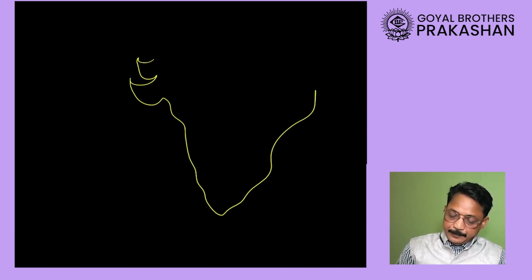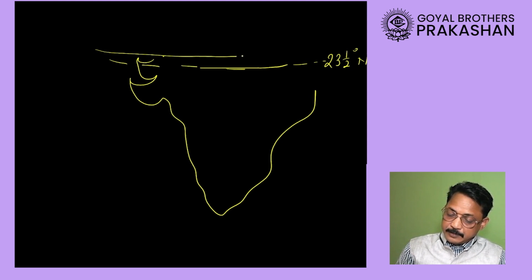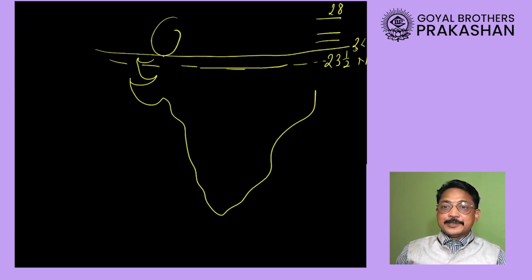Now, if I draw India, I hope you are aware, here is the Tropic of Cancer, and the number of the Tropic of Cancer is 23.5 degrees north. It means when I go up to 24 here, this will be 24 degrees north. The area which will be after 24 will be up to 28 latitudes.